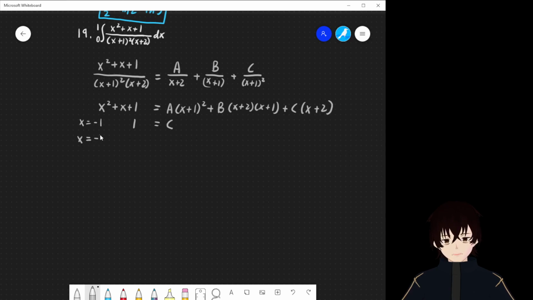And if x equals -2, we get 4 minus 2 plus 1, that's 3, is equal to a times (-2 plus 1) squared, so a is equal to 3. Okay, we just need b now.